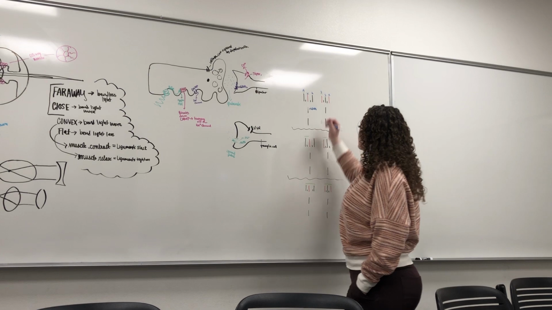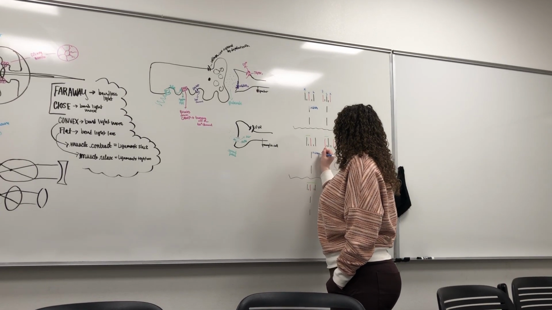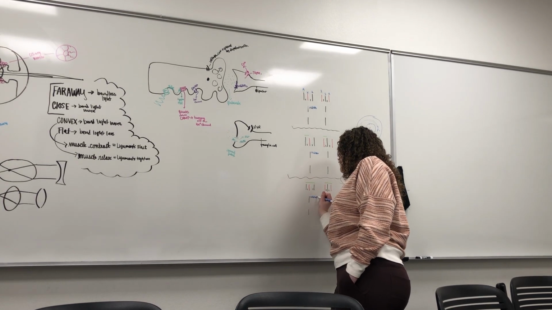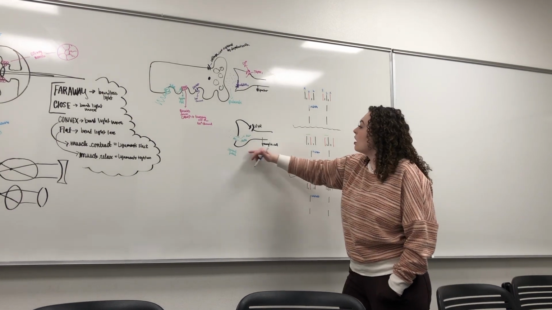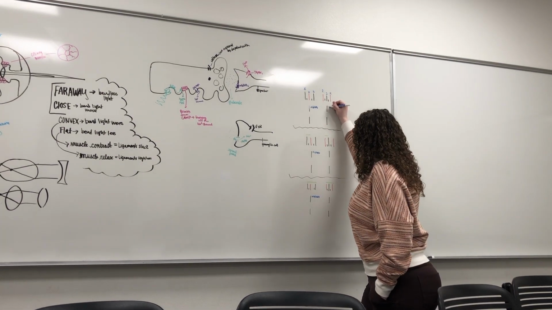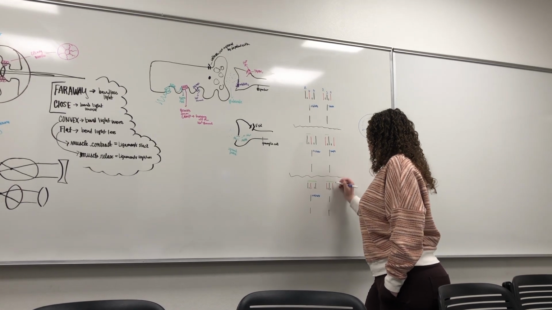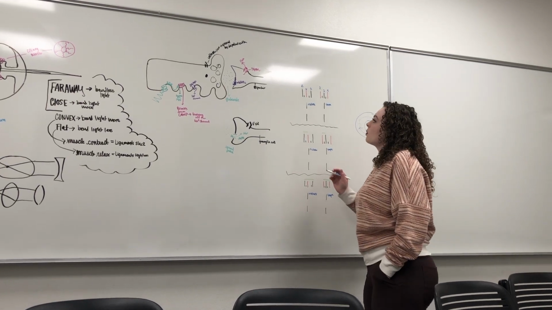And that's going to be for all of these, 6. And all of these ones are going to be using our AMPA. Okay, so now we can go to work.